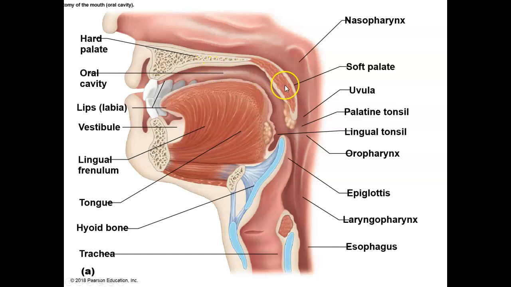And so again, this is a large picture of the entire anatomy of the mouth. And you can see that esophagus right here, which is going to lead into the stomach, okay?